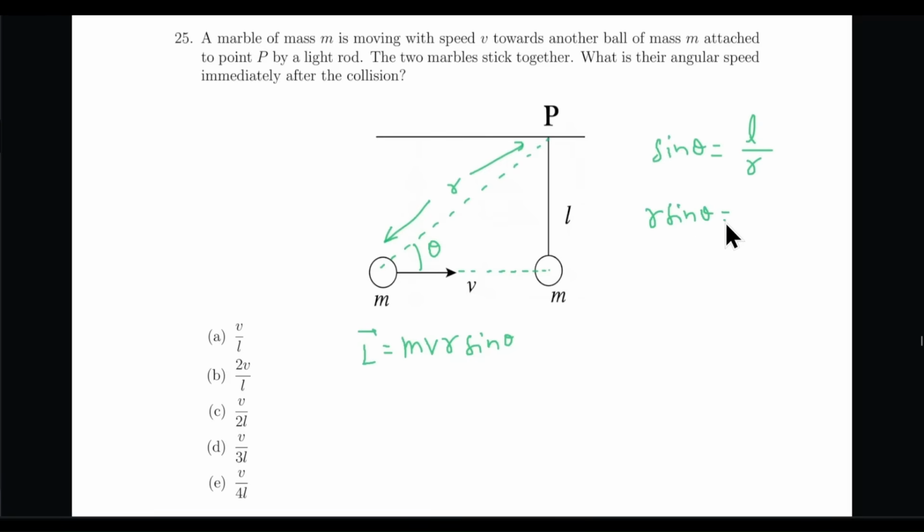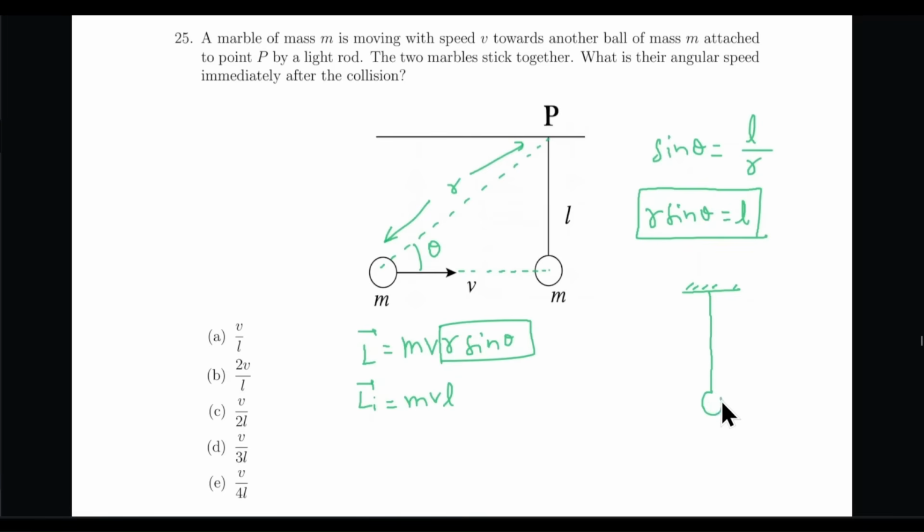So r sine theta is just L, and I'm going to replace r sine theta by L, which gives mvL. That is L initial. And L final, remember that they stick together, so this is 2m, and they have some omega, and this is L.